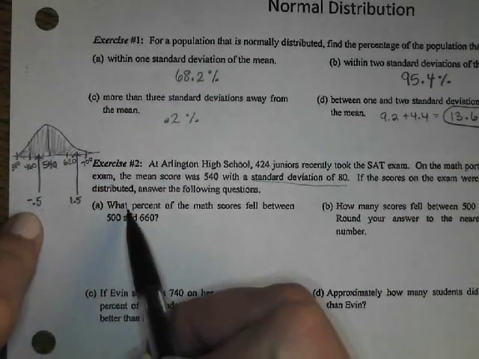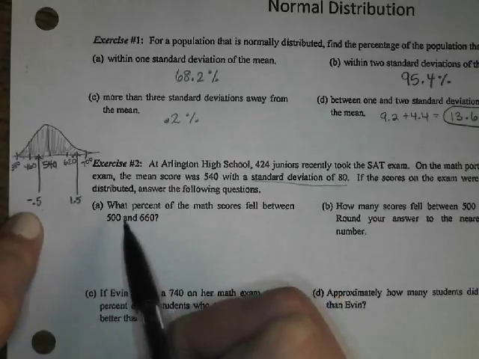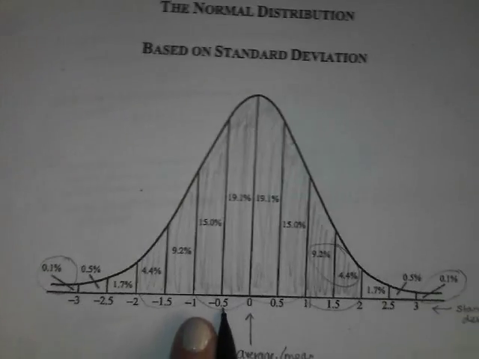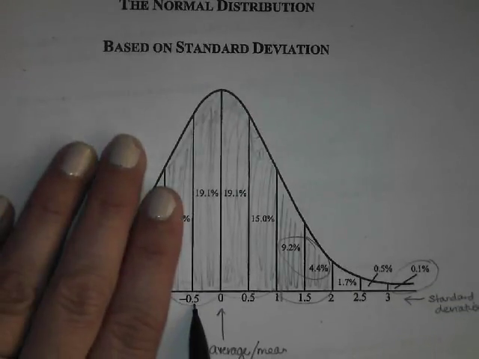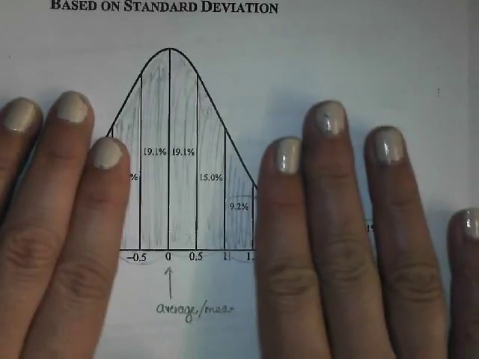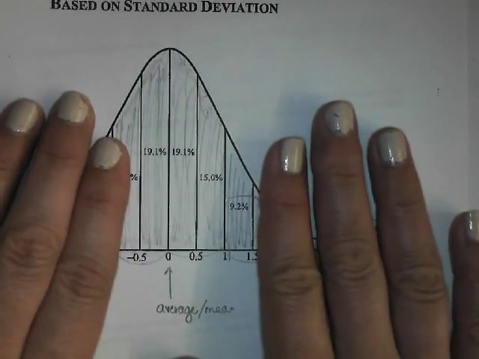And this is asking for what percent fell between those, and we would go to our chart. 1/2 of a standard deviation below is here, and 1.5 standard deviations above is here. And so what's the percentage total that falls between there? I'm going to add those all up.